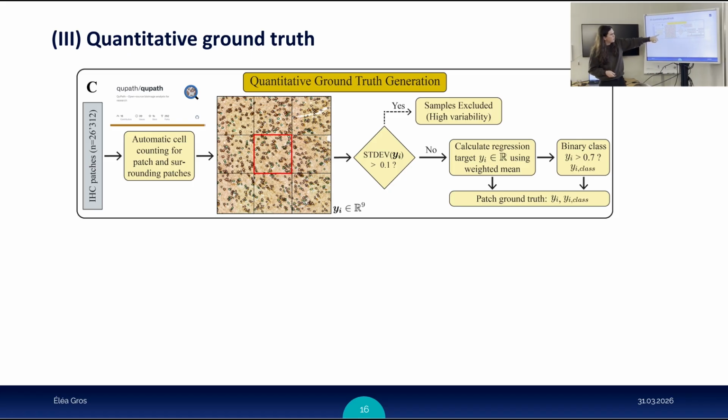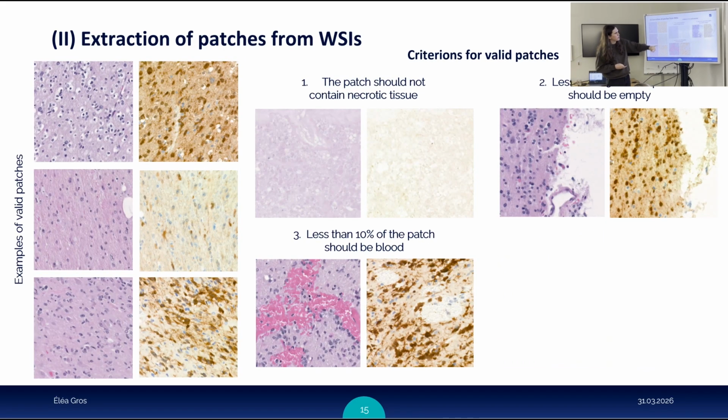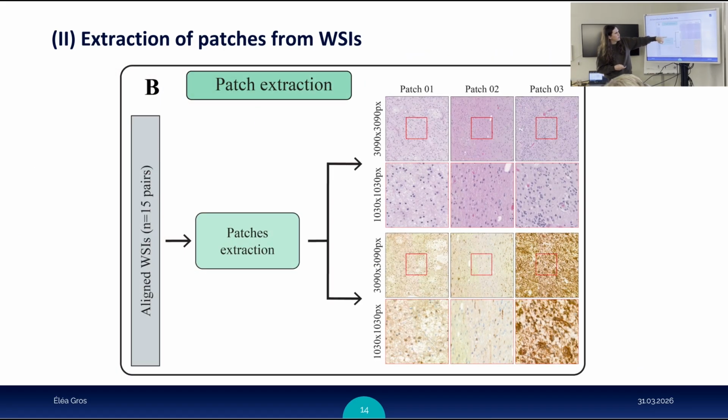And basically, we take it for the patch that we have in the middle, as mentioned before. For each patch, we have the center patch and a more global patch to also have some context about what's happening around in the tissue, because maybe the region just surrounding the patch has some different information, and we can use more information about the context.